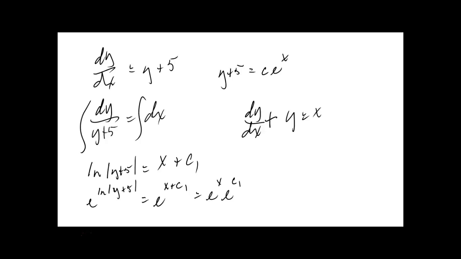Some linear first order differential equations you can, others you can't, like this one. So what is our method of solution? The method for solving something such as this hinges on a remarkable fact that the left-hand side of the equation can be recast into a form of an exact derivative of a product by multiplying both sides of the equation by a special function mu of x.